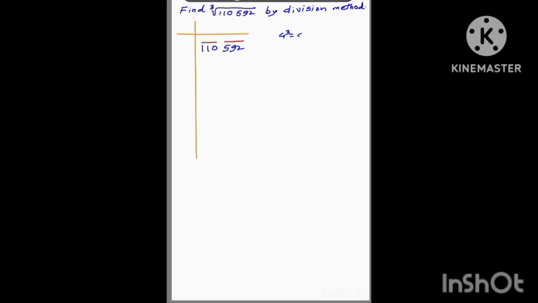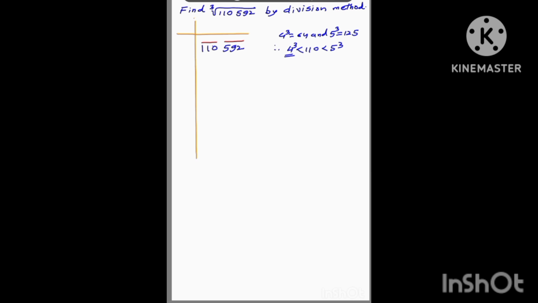So 4 cube is 64 and 5 cube is 125. Okay, remember what we are doing. This is a very easy method. If you solve such problems, there is no more difficult method. Now you see 4 cube is less than 110 is less than 5 cube.